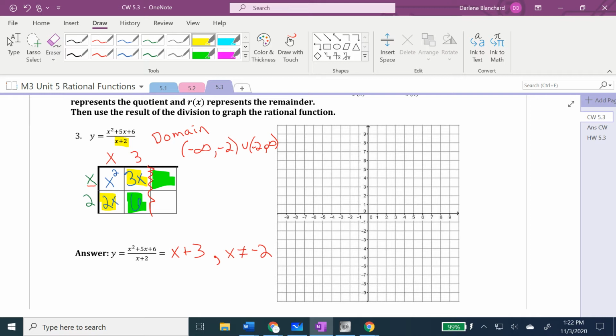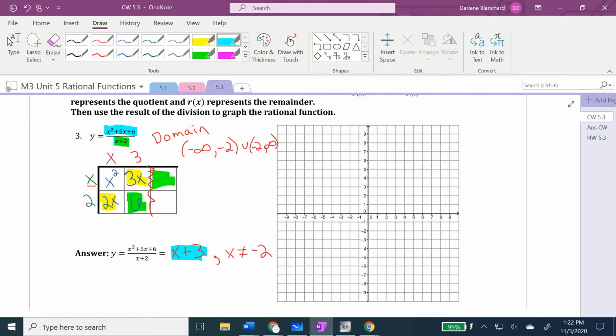And what you actually want to realize happens is every single number besides -2 that I plug into this numerator and this denominator will give me the same answer as if I just plugged it into x plus 3. It'd be so much easier to just plug it into x plus 3.